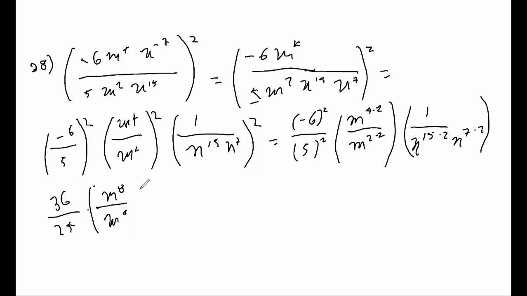So I'll just put in brackets to keep it separated. And then I will get 1 over n to the 30th, because 15 times 2 is 30. And then n to the 7 times 2, well, that's 14.